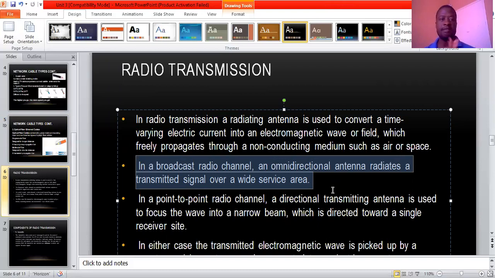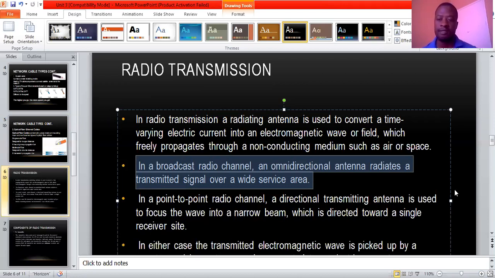Basically what this is saying is, in this type of transmission, there are antennas that are used to broadcast or transmit signals over a certain service area. As a user, you have to be within the signal area for you to receive the signal.